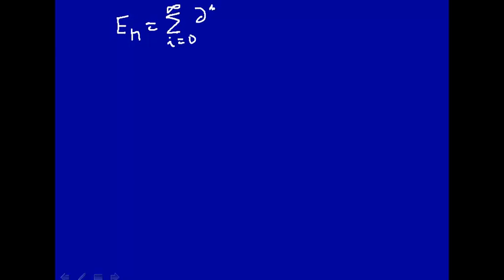The ith derivative of the energy for that particular quantum state with respect to this expansion parameter, again evaluated at lambda equals 0, so we're starting at the point where there's no perturbation, times lambda raised to the i, this is lambda minus 0, we're expanding about 0, divided by i factorial.